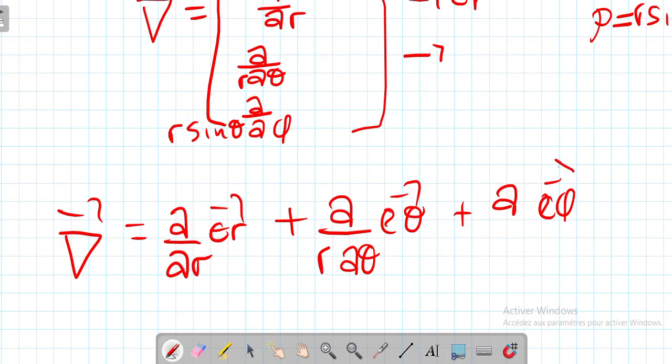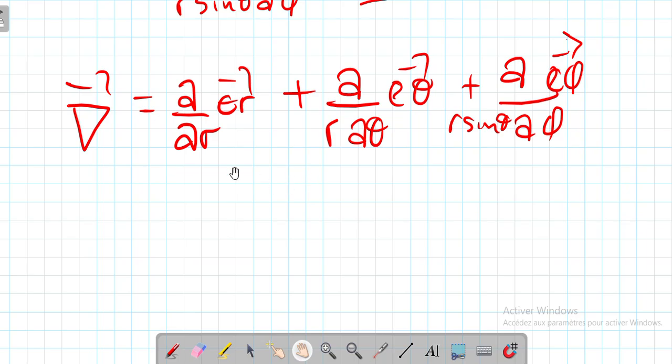Since phi is an angle as well, you say partial phi, and then you put rho here, but you just have to know that we don't use rho in the spherical coordinate system. So you say r sine theta, which is the equivalent of rho. I explained vividly why rho is equal to r sine theta if you want to know that. But for now, you have to know this.